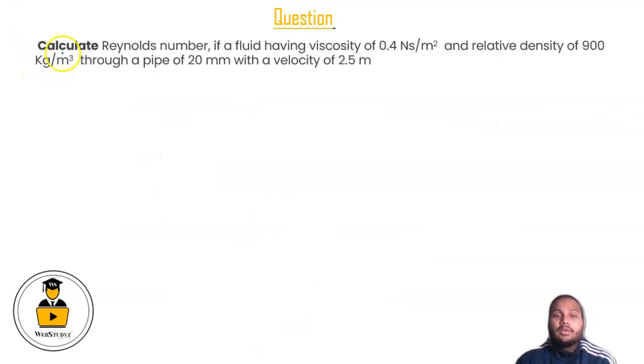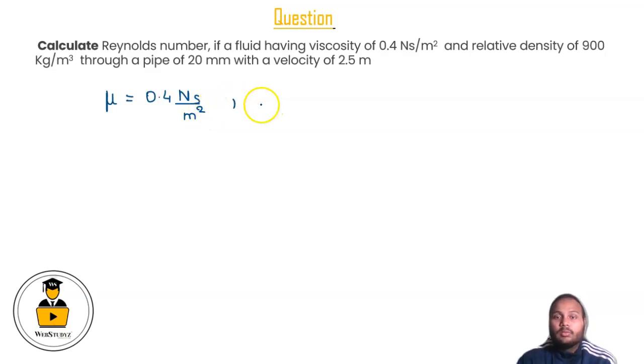Now let us solve one more question to understand the concept more. Here it is given that we need to calculate the Reynolds number if the fluid has viscosity 0.4 Newton second per meter square and density 900 kg per meter cube, through a pipe of 20 mm, and the velocity is 2.5 meter per second. Therefore, the viscosity of the fluid is given as 0.4 Newton second per meter square.